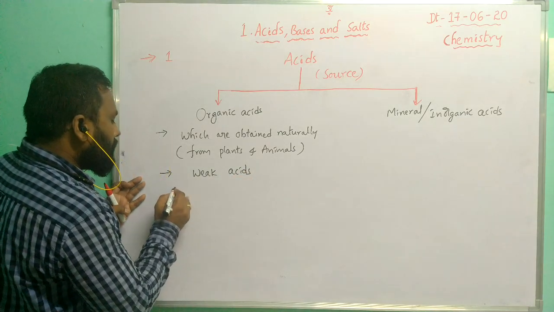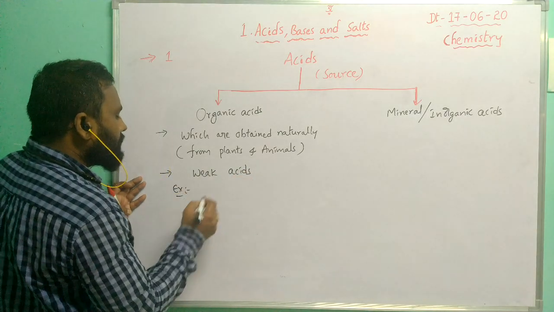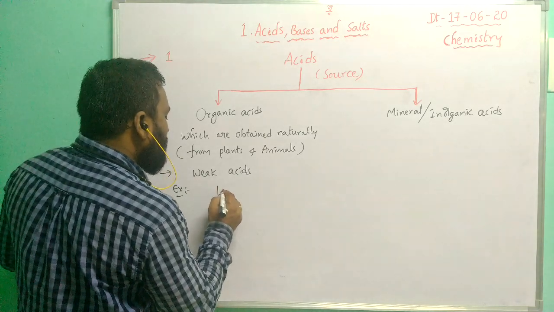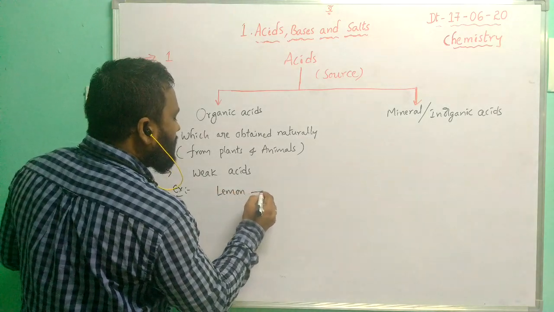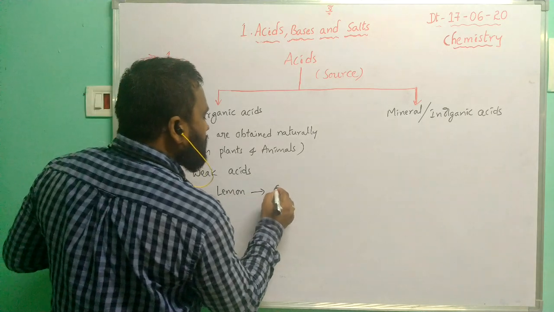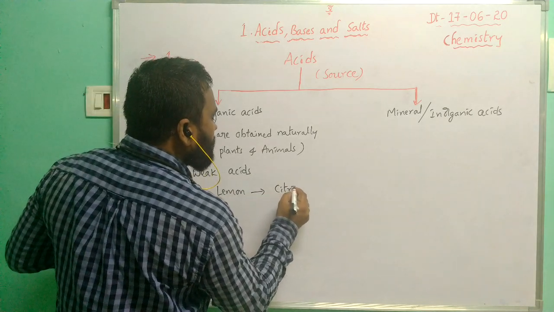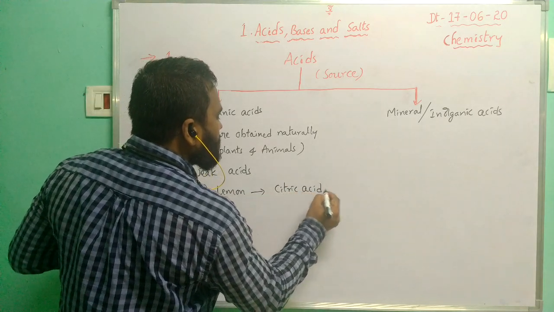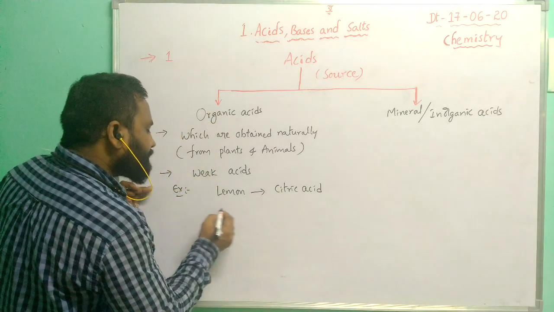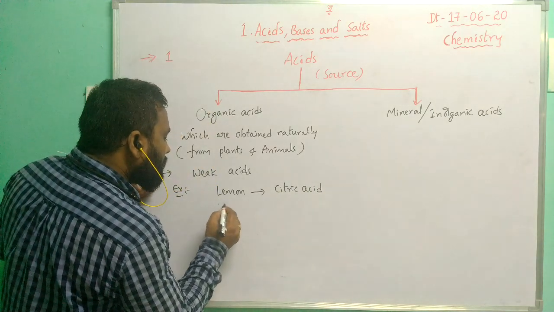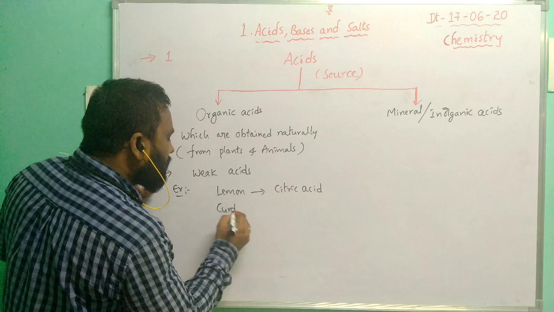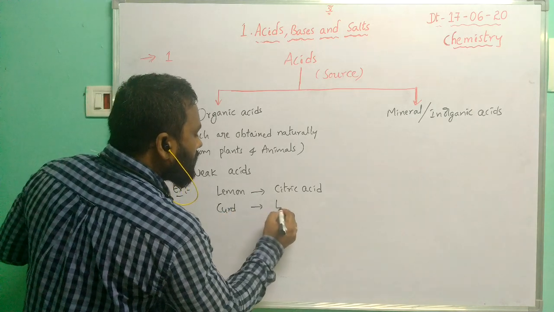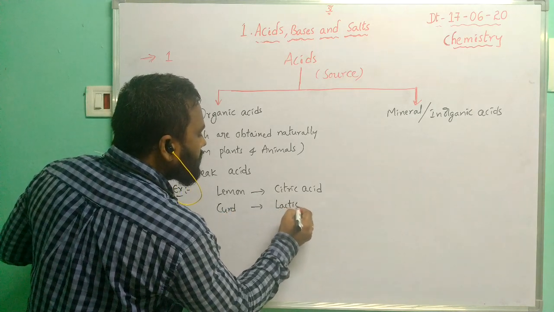Some examples here. Lemon contains citric acid, and curd contains lactic acid.